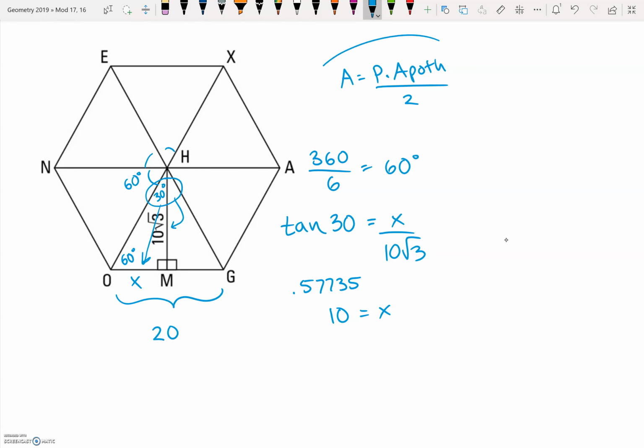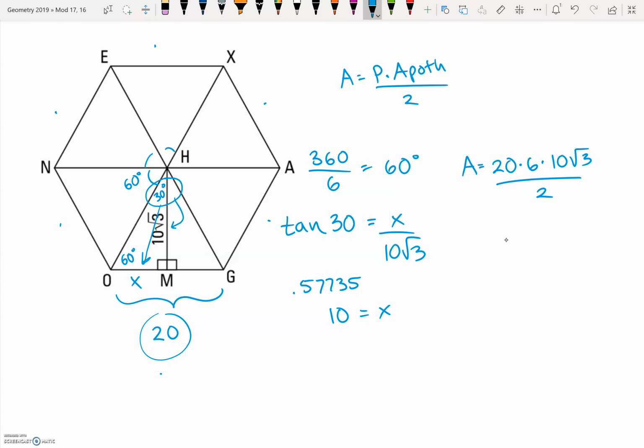So we're going to use our formula here to plug in the information we have. The perimeter is going to be 20 times 1, 2, 3, 4, 5, 6. So area of our figure is 20 times 6 times our apothem, which is 10 root 3, divided by 2. So we'll just do 20 and 2 is going to cancel out.